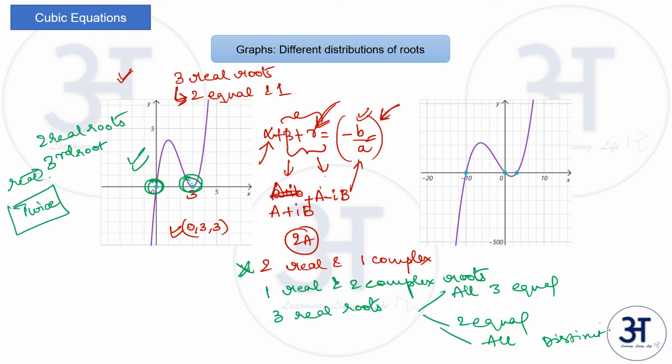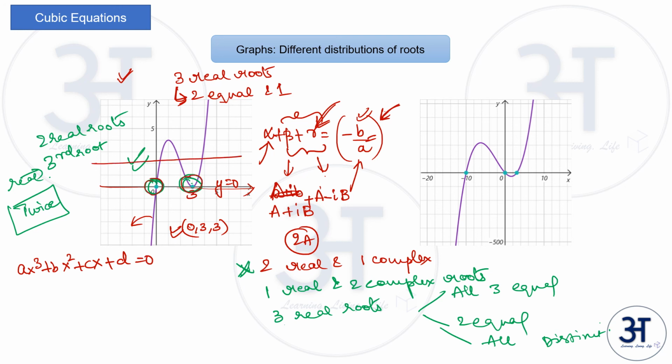Now once you're clear with that, as we have seen in the case of the quadratic equation as well, this is the solution for y equal to 0. Say if this equation is of the form ax cube plus bx square plus cx plus d is equal to 0, then these are the solutions.